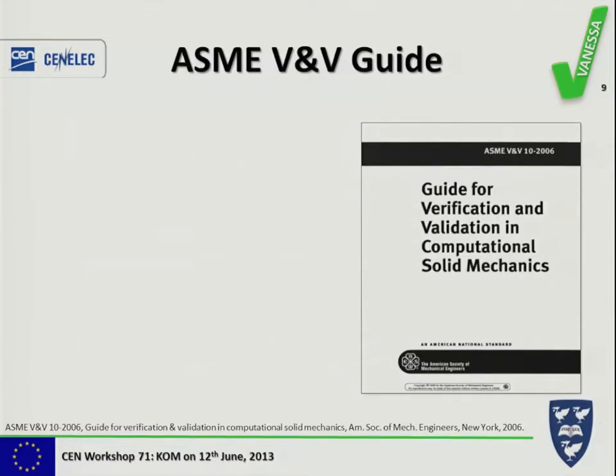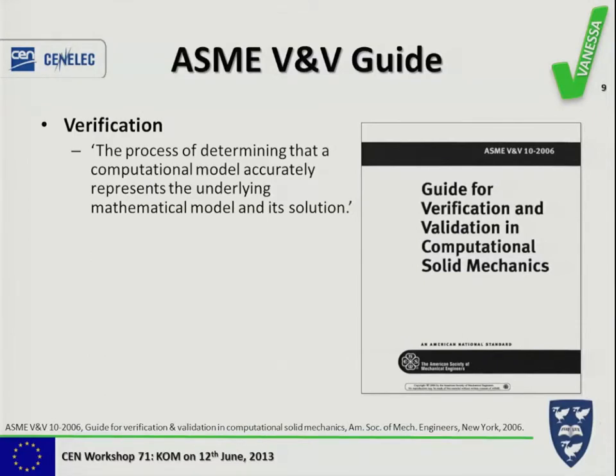So what do we mean by the word validation? There's previous work in this area. There's something called the ASME V&V Guide. That's the American Society of Mechanical Engineers Verification and Validation Guide. And they define verification as the process of determining that a computational model accurately represents the underlying mathematical model and its solution.